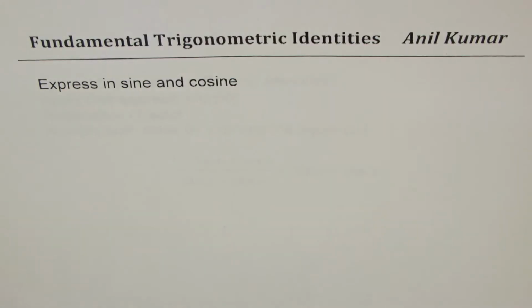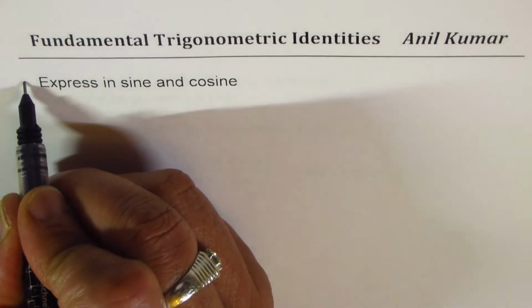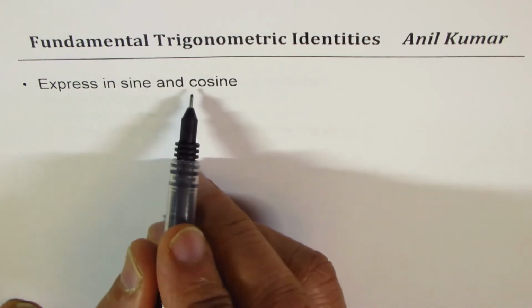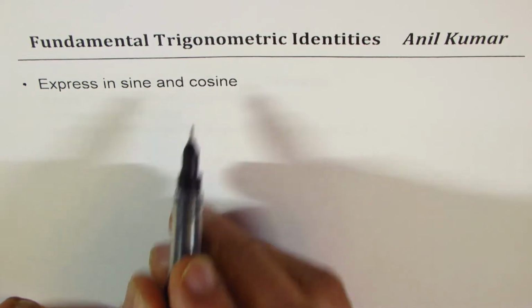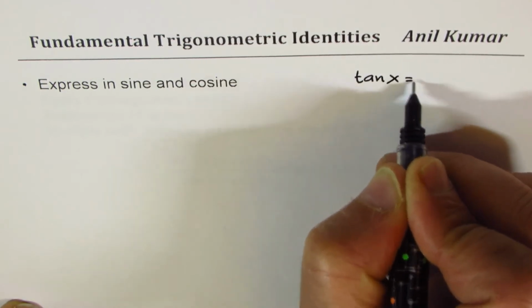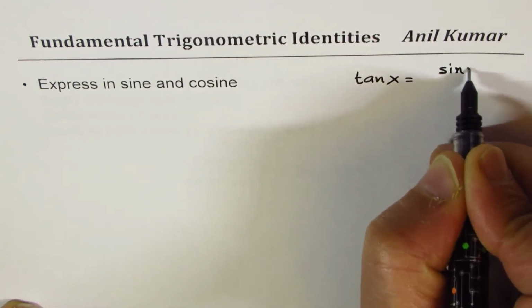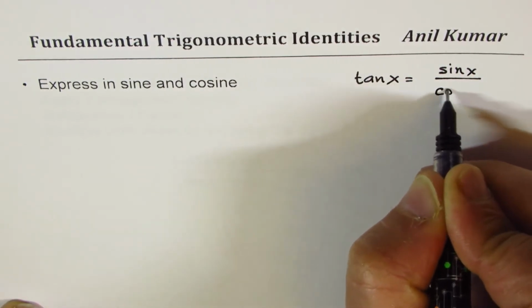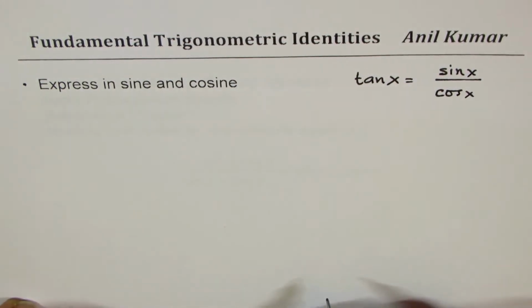Now let's move on and apply different kinds of strategies. One of our strategies is to express in sine and cosine. So normally we can always write tan x as a ratio of sine and cosine, right? As sine x over cos x. This is very useful always.